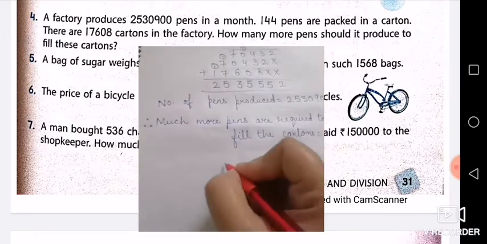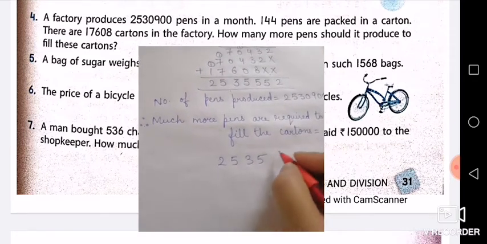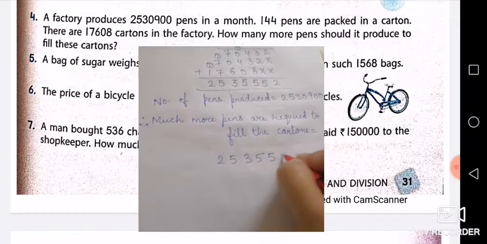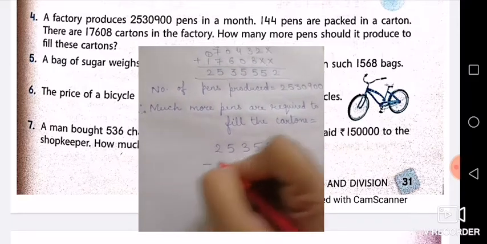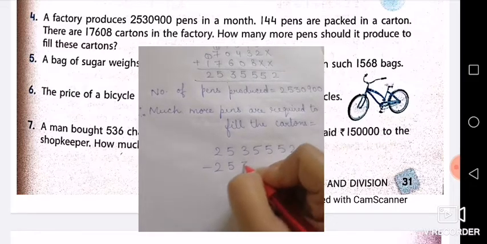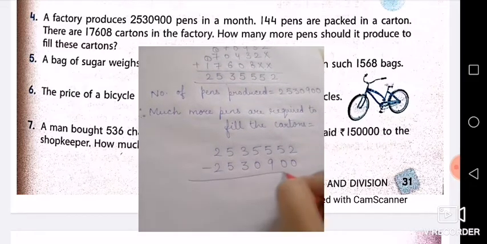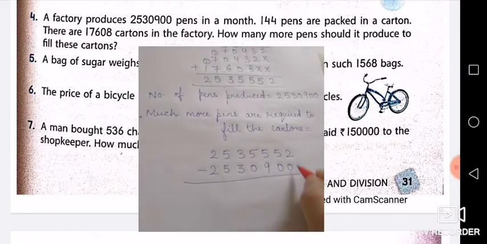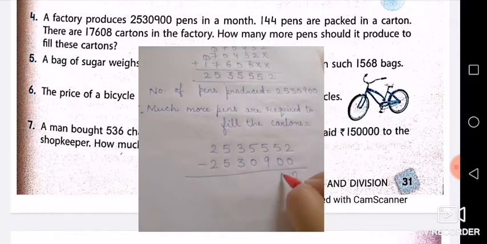Now this is greater, 25 lakh 35,552. Out of this you are going to subtract this 25 lakh 30,900. So do the subtraction here. 2 minus 0 is 2. 5 minus 0 is 5.